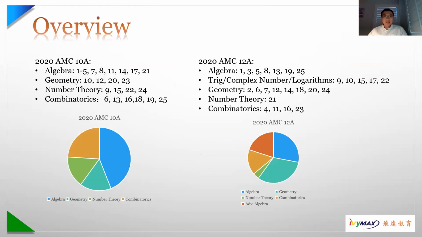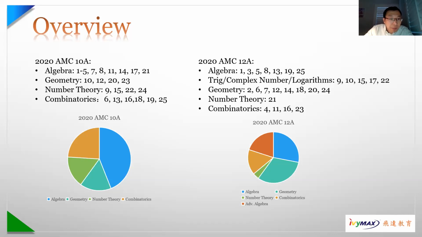Here is some statistics I made about the type of questions in the 10A and 12A. You can see from the pie chart, for the AMC 10A, they have 11 algebra or arithmetic questions, which take a big chunk of the total amount.